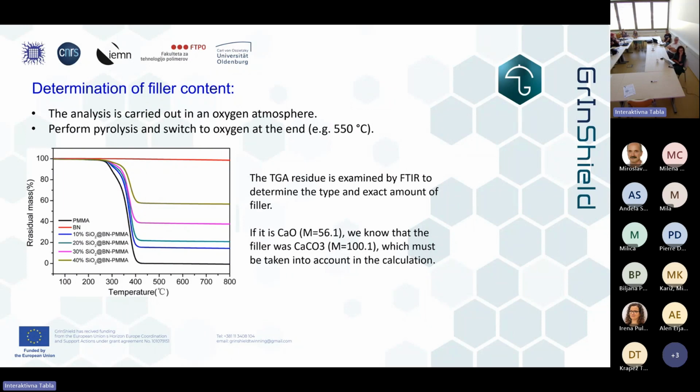However, it is not calcium oxide, it's calcium carbonate, which degrades at high temperature into calcium oxide. So we have to be careful to calculate the right quantity of filler content.